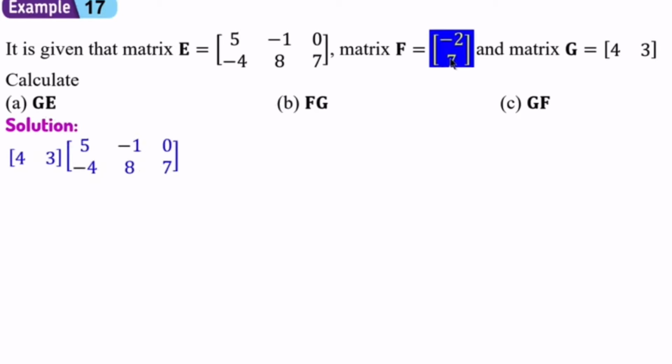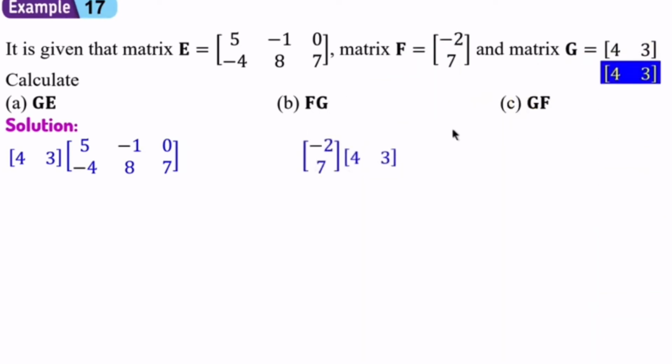So let's multiply carefully. For FG, we will take matrix F times matrix G, and for matrix G times matrix F, we write the matrices following the order given.